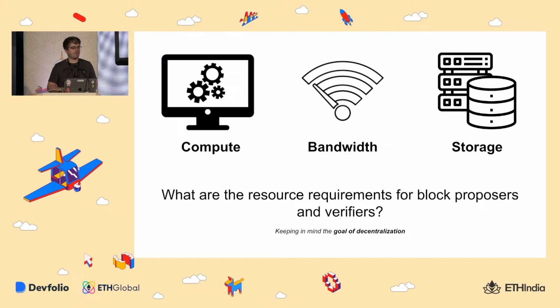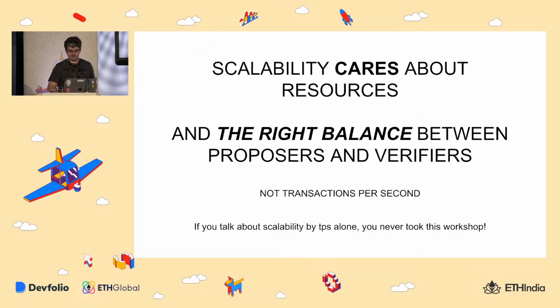So what we really care about when we think about scalability is compute, bandwidth, and storage. Keeping in mind, how do we decentralize both of these actors so we can maximize who can participate in the network? So scalability cares about resources and that right balance between proposers and verifiers.